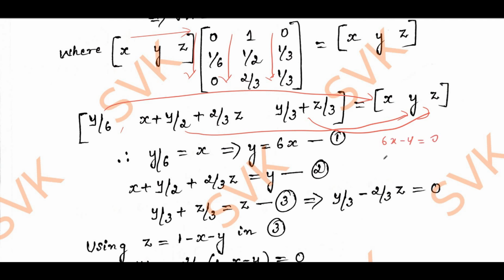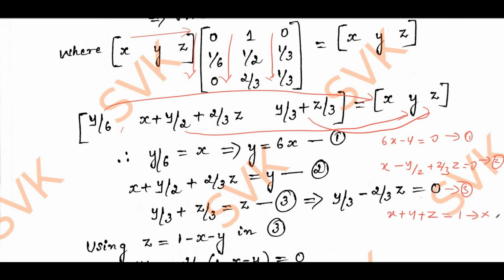Next, I can consider the second equation of the form x plus y by 2 minus y, which is minus y by 2 plus 2 by 3 z equal to 0. And finally, I can consider equation 3. This is equation 1, this is equation 2, and I also have the equation x plus y plus z is equal to 1.